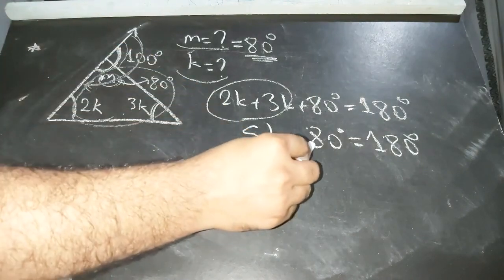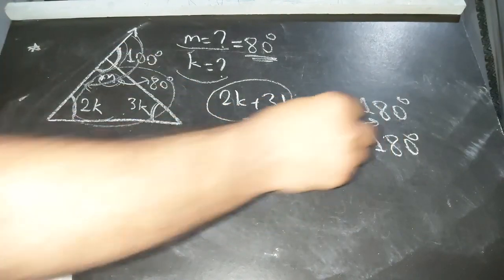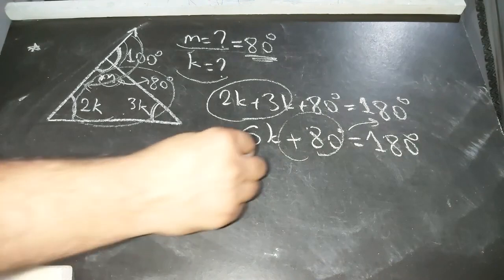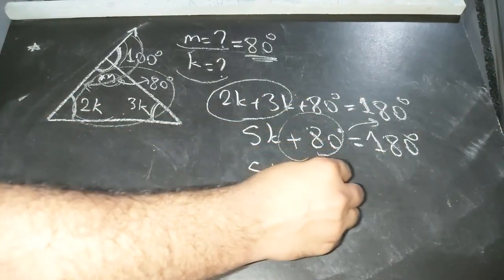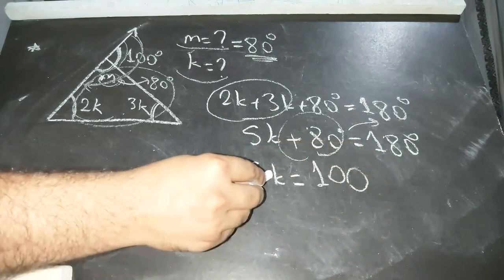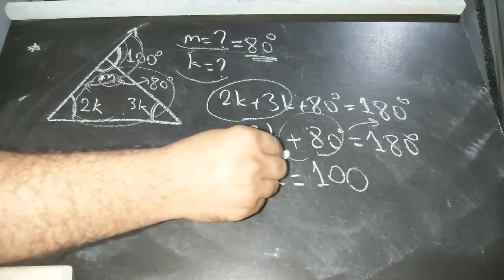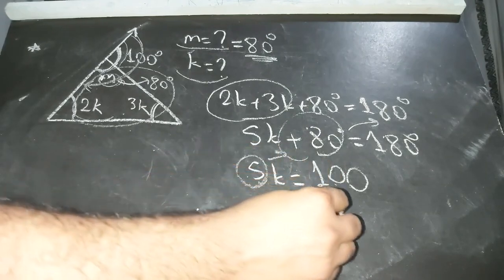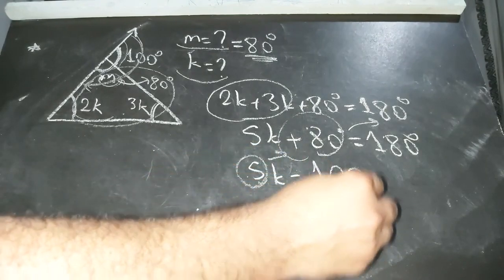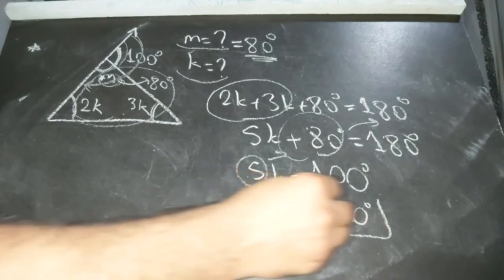And I will leave the unknown alone. This one goes to the other side as negative. 5k equals 180 minus 80, which is 100. This one will go to the other side as division. K will be 100 divided by 5, which is 20 degrees.